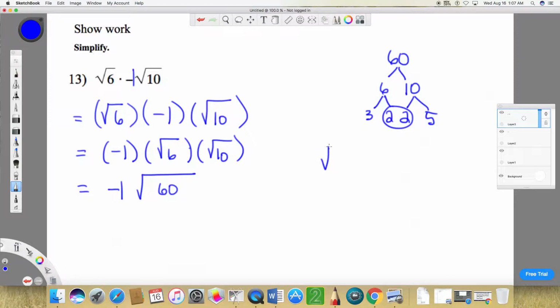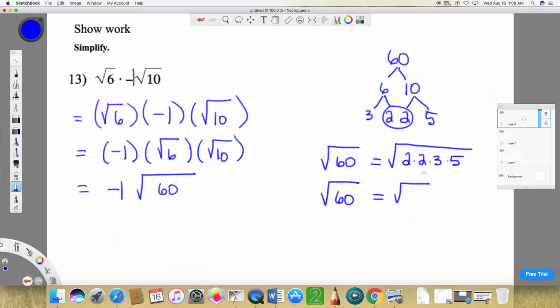So if I'm taking the square root of 60, if I'm trying to simplify that, then it's going to be to my advantage to look at 60 as 2 times 2 times 3 times 5. And I know that one thing you can do with these radicals is break apart this multiplication. I can break this one radical into 2 radicals, or even more, since I have multiplication.